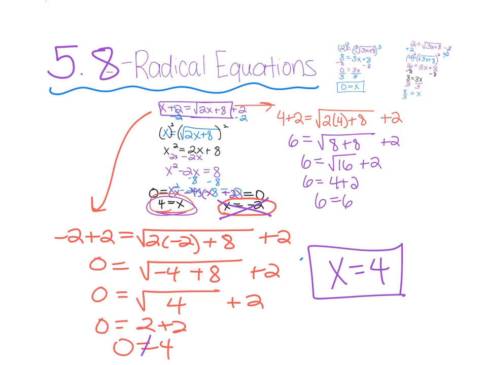Okay, let's do one more example. So from this section, we also had our fractional exponents. So let's say I have 3x minus 2 raised to the 1/3 equals 3.